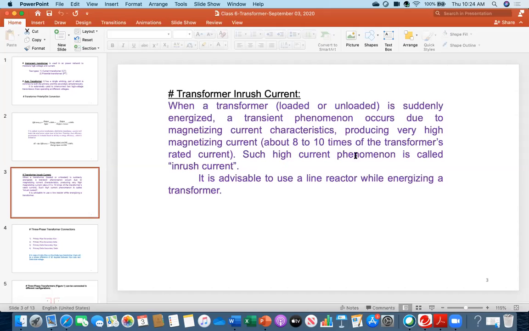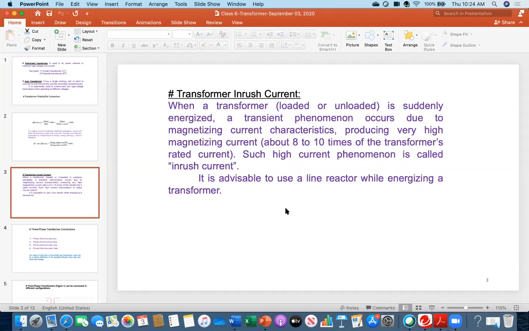That could be 8 to 10 times the transformer rated current. Such a high current phenomenon is called inrush current. And it is advisable to use a line reactor when energizing a transformer.